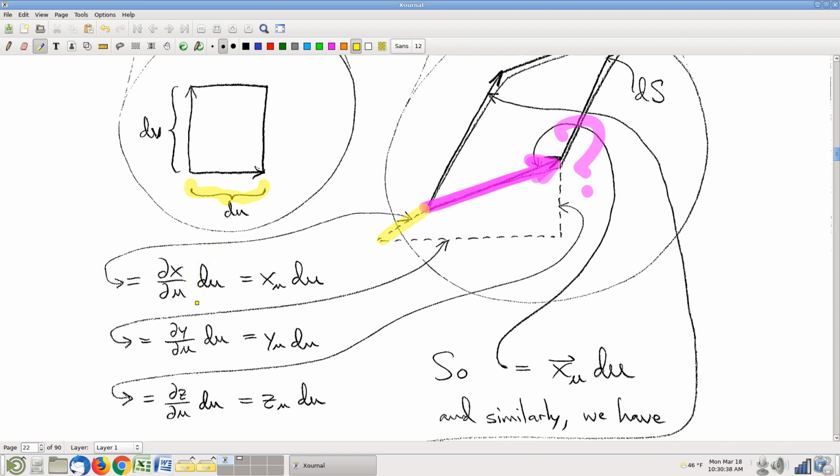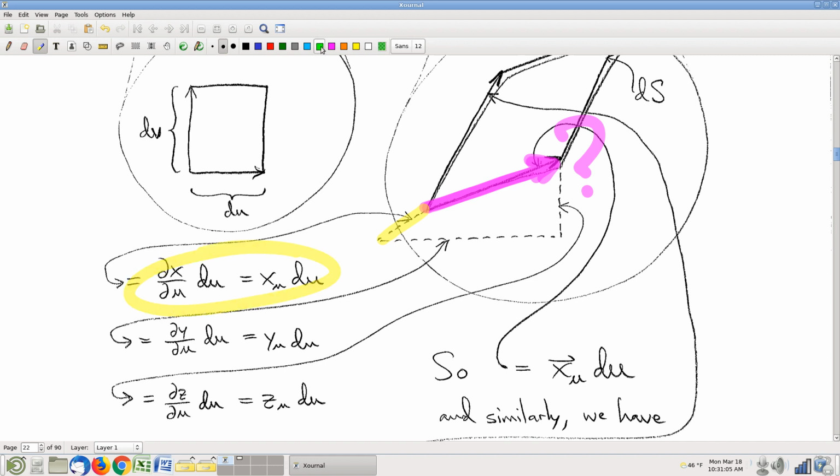Thus, this factor. And so altogether, that's our formula for how to compute the x component of our purple vector. And for notational convenience, don't forget that little Newtonian notation for partial derivatives, very convenient in examples such as this one. So the way we're actually going to write that is as x_u du.